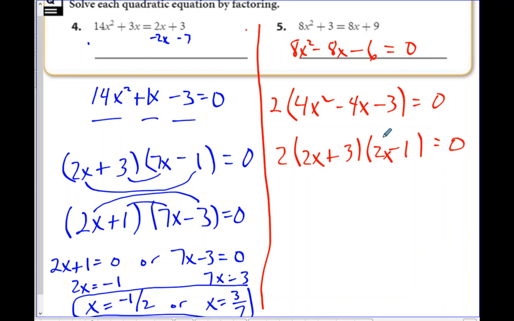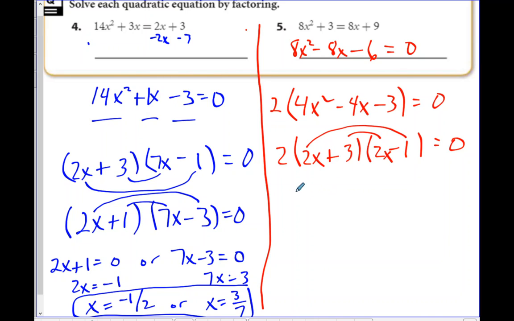And what happens there? 2x times 3 is 6x. 2x times negative 1 is negative 2x. So what is 6 plus negative 2? It's positive 4x, right? But we need negative 4.